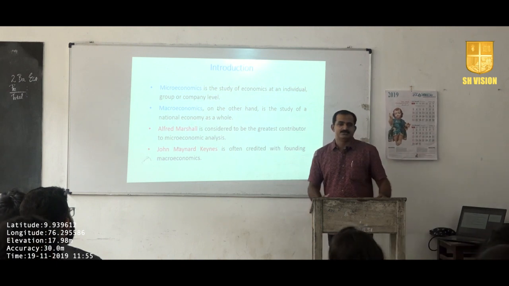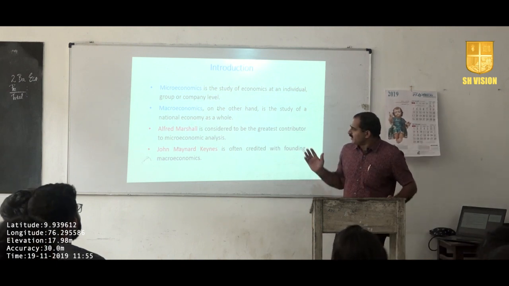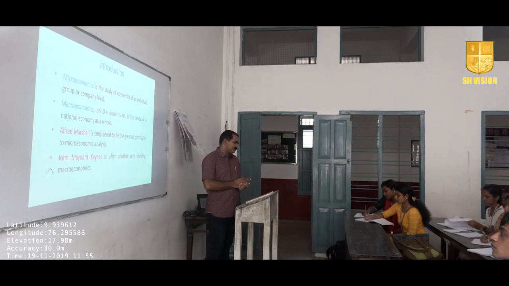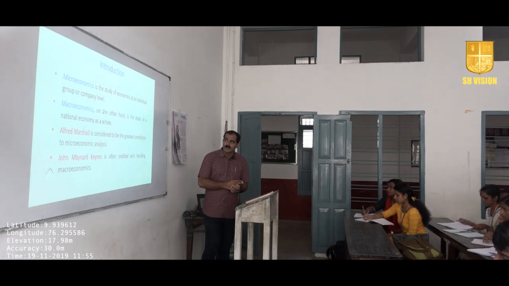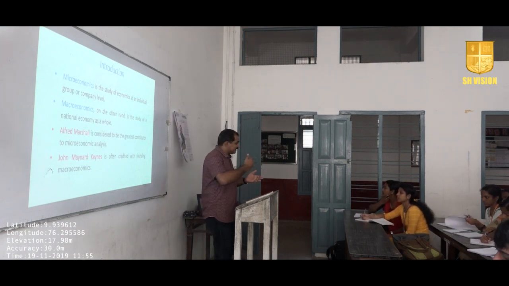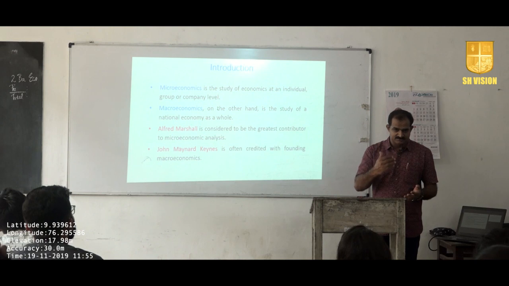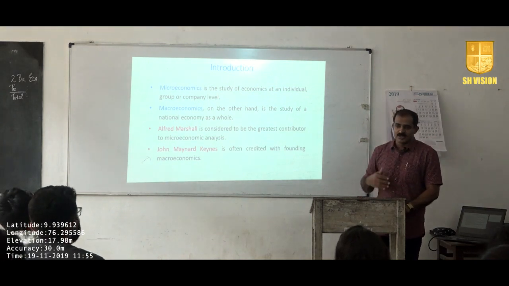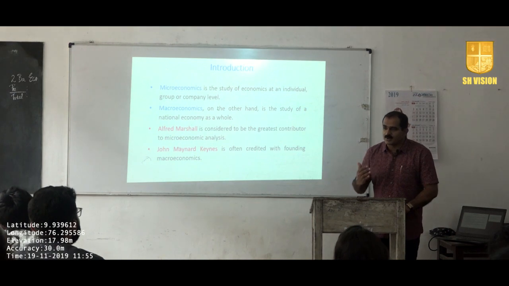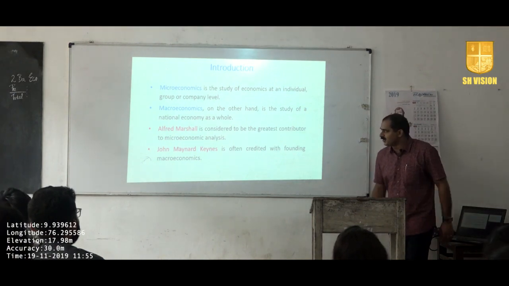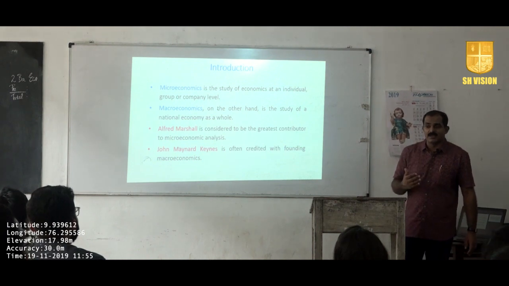As an introduction, here it is given what is microeconomics and what is macroeconomics. As all of you know, microeconomics is a study of economics at an individual level. It's a firm, an individual, or a single economic unit. And macroeconomics is just the opposite. On the other hand, it's a study of the national economy as a whole.